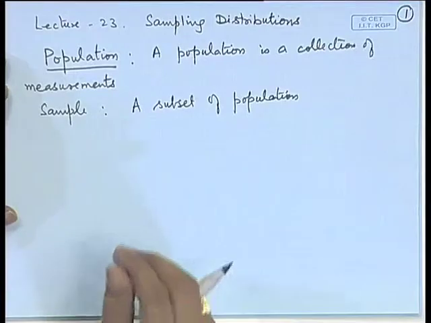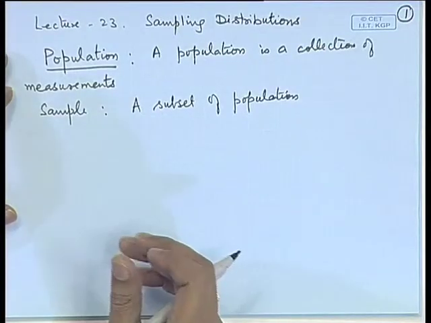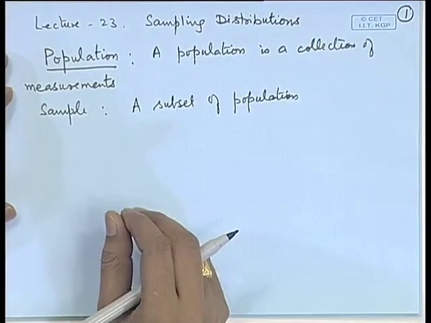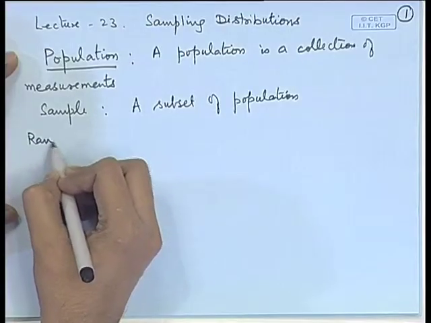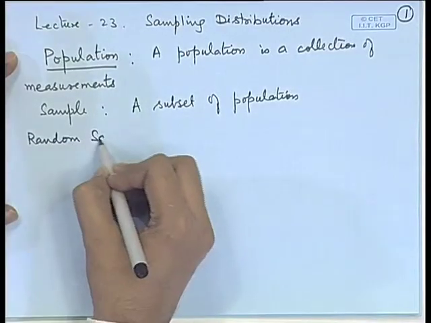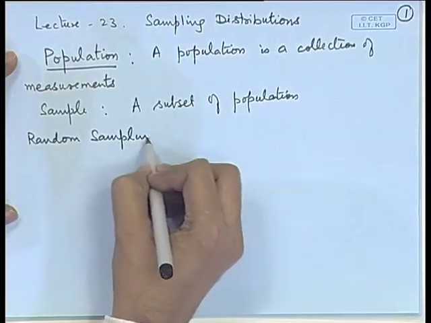However, this is a method of sampling, which is part of another topic called sampling theory or sampling techniques. In this particular course, we are assuming that we already have a random sample and then we proceed with that. So, what is a random sample in the context of distribution theory?